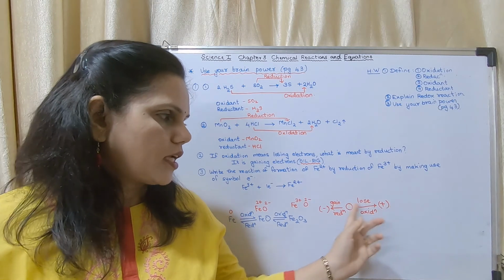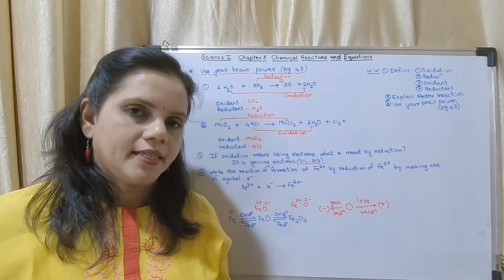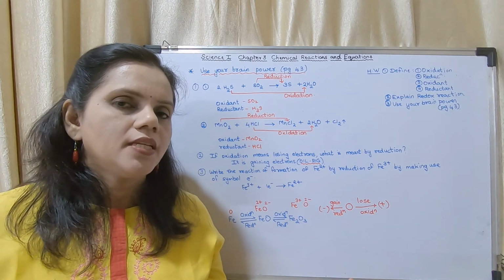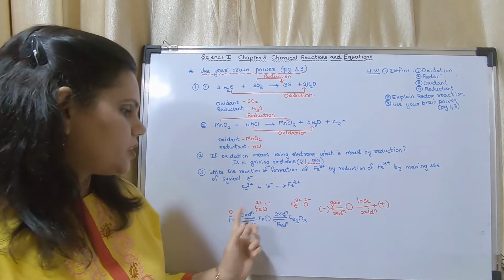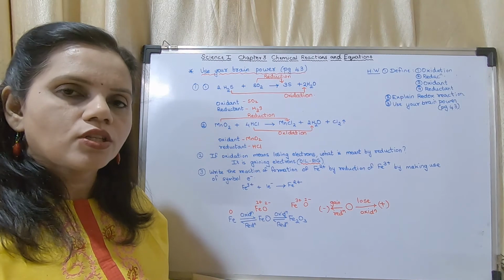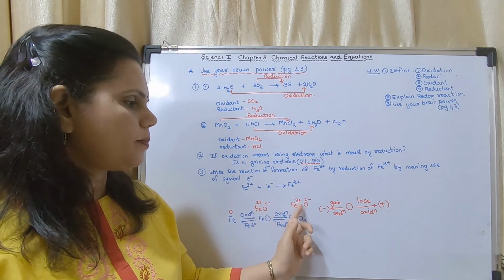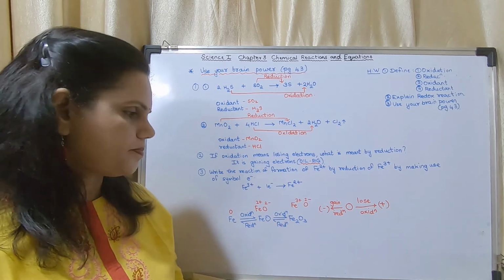Increase in positive charge, 0 to plus is oxidation, 0 to minus is reduction. Plus means losing electrons, minus means gaining electrons. Here 0 to 2+, so it has lost 2 electrons, so it is oxidation. 2+ to 3+, it has lost 1 more electron, so it is oxidation.